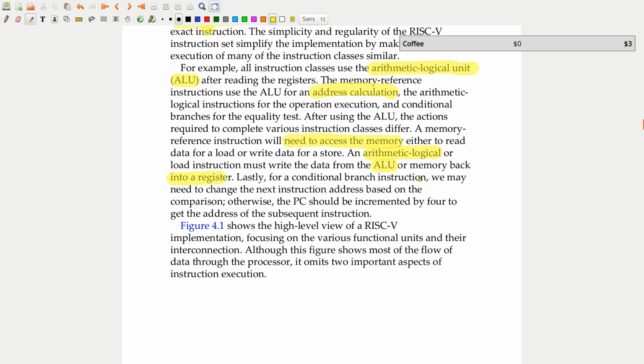Lastly, we have conditional branch instructions, and we're going to be looking specifically at branch if equals. We may need to change the next program counter. In the memory instructions, we got some address, calculated it with the ALU, and then did something with memory: either we loaded some value or we stored some value.